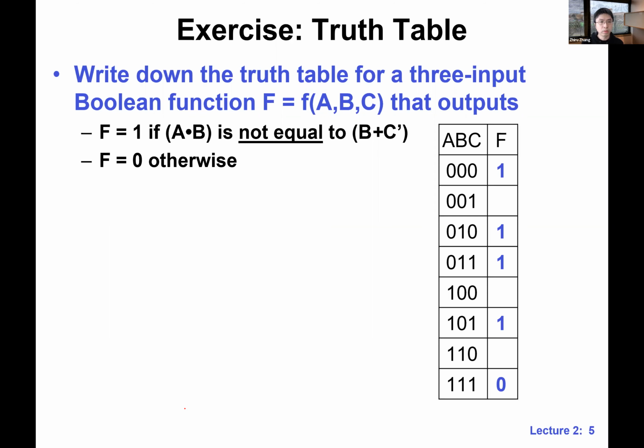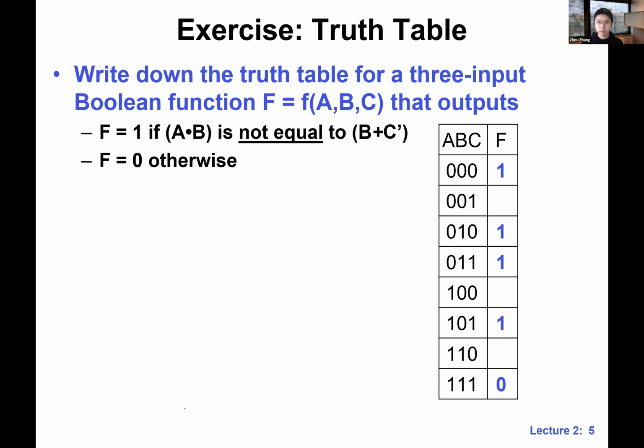F evaluates to 1 if A times B is not the same as B plus C naught. Also, in many cases, I will either say C prime or C naught to indicate the inverter. Otherwise it's 0.